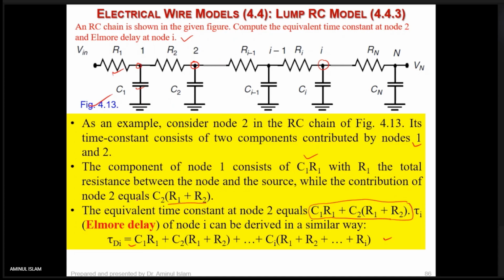While the contribution of node 2 equals C2 into (R1 plus R2). The equivalent time constant at node 2 equals C1R1 plus C2 (R1 plus R2). Tau Di, the Elmore delay of node i, can be derived in a similar way as this.